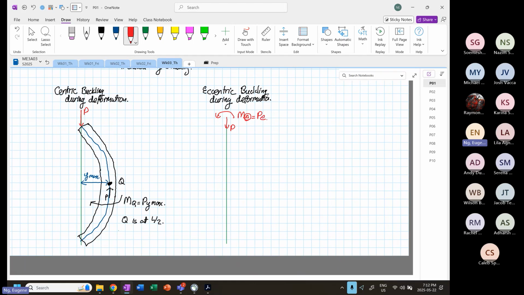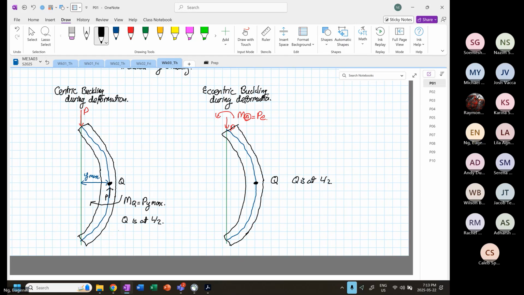Now I'm going to sketch the deformation pattern. Again, both ends are pinned, as you can see. So this is our deformation pattern, and we are going to pick a point, again our point Q, where Q is at L/2.